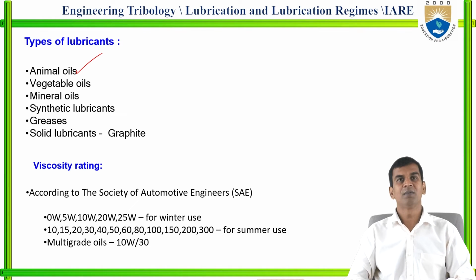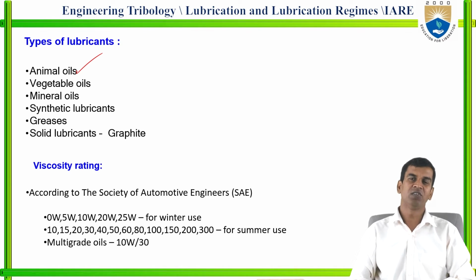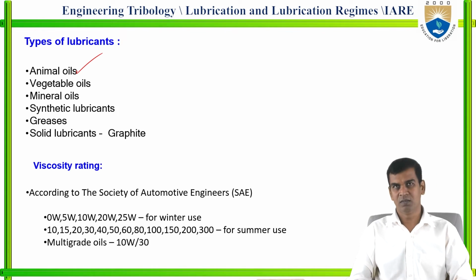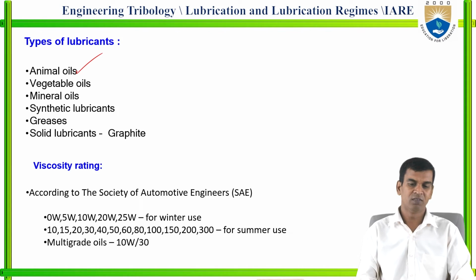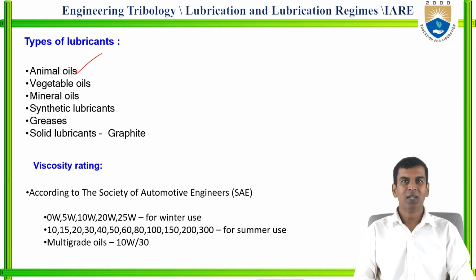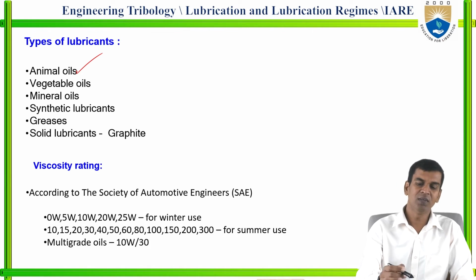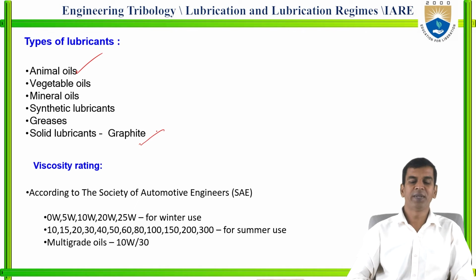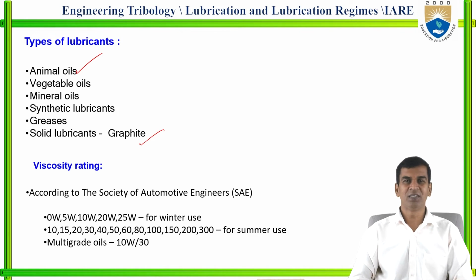Natural lubricants are animal oils extracted from animals, vegetable oils extracted from vegetables, and mineral oils taken from the earth. Synthetic lubricants are created by mixing different substances. Grease is a semi-liquid lubricant, and the solid lubricant is graphite. In lubricants, viscosity rating plays a major role.